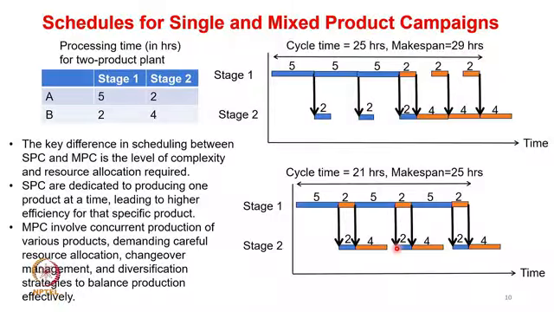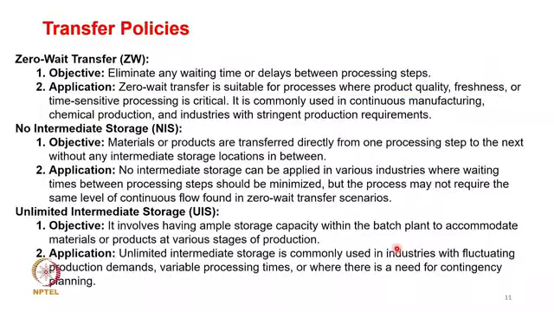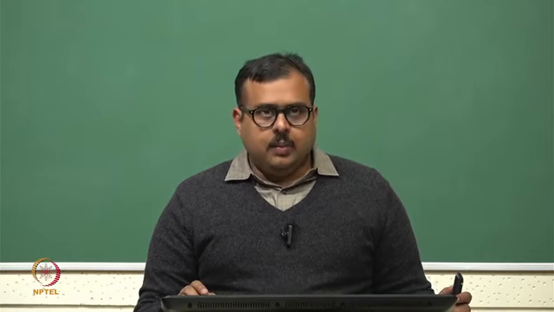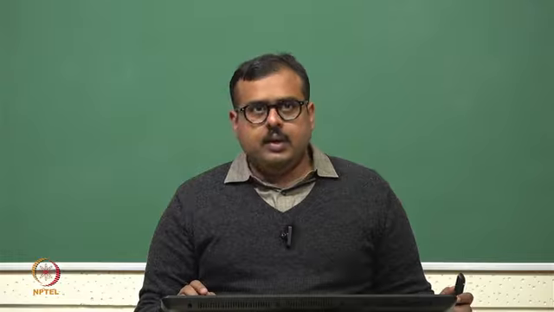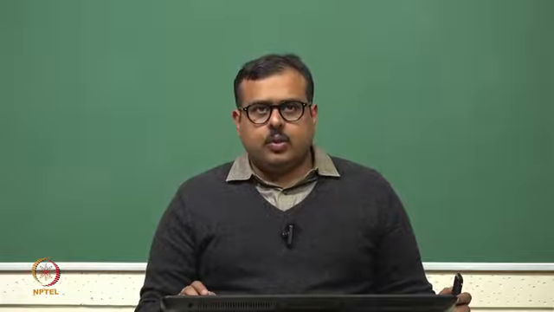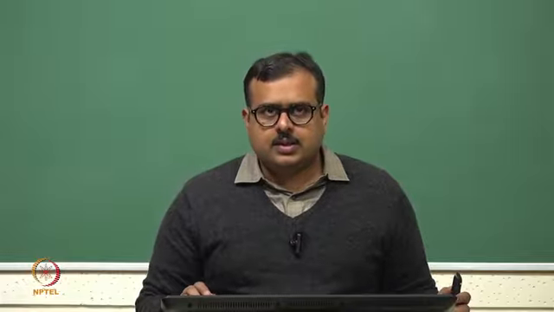If you recall in the previous case, when a process is completed and it is going to stage 2, it typically does not happen immediately. It may happen immediately if it is easy to do so, but otherwise there would be some delay in transferring the reactants or products from one stage to the next stage.